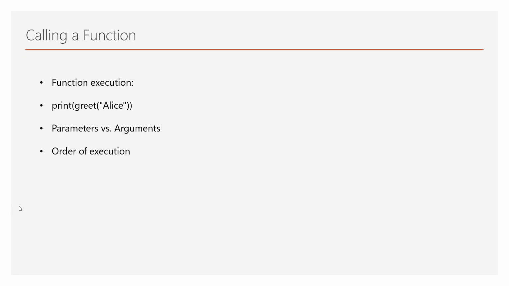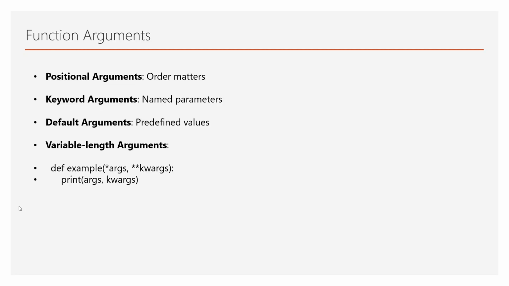Now calling a function. Once a function is defined, we can call it by using its name followed by parentheses. If the function requires parameters, we pass the values, the arguments, when calling it. The order of arguments matters unless we use named arguments. Let us go ahead. Function arguments. Python functions allow different types of arguments.